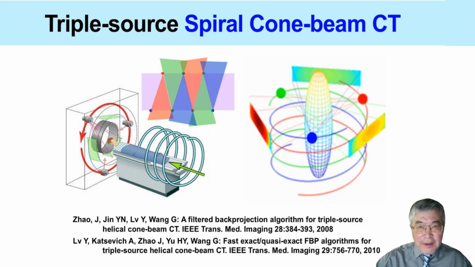Here I show some of our work on triple source spiral cone beam CT in collaboration with Professor Kasevich and other colleagues. The idea is to use multiple X-ray sources to improve data acquisition and reconstruction performance. These examples show that the field is still active and full of interesting problems.